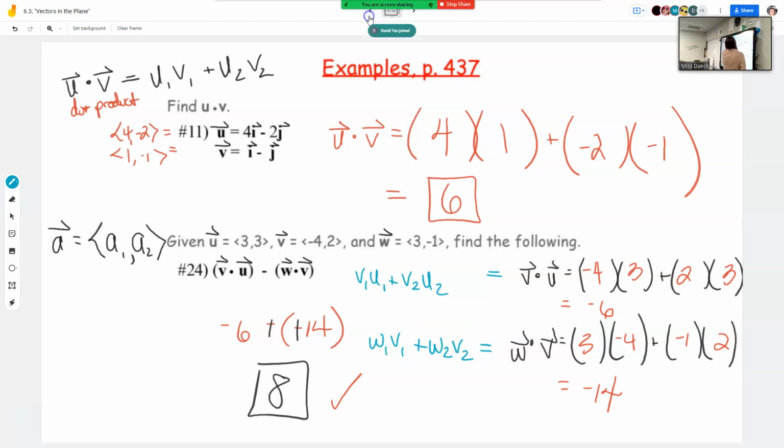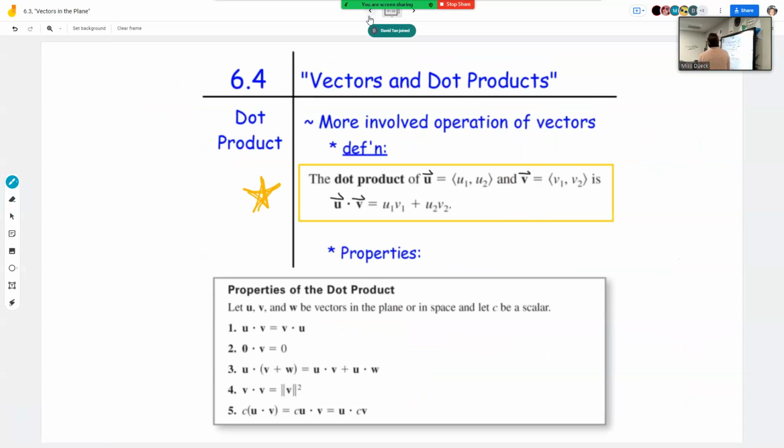So this is what the dot product says: go ahead and think of first times first, and then second times second, horizontal components multiplied and vertical components multiplied. Does that make sense? Yeah.